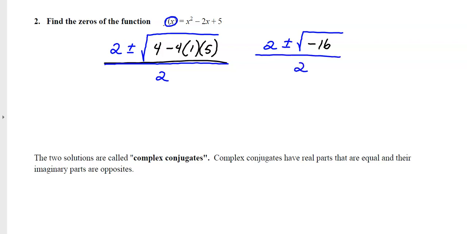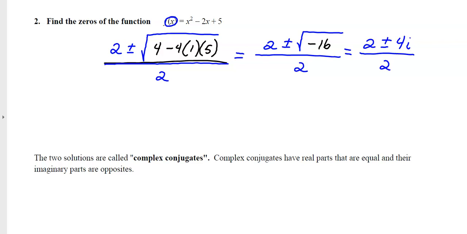When I clean that up a little further, I get 2 plus or minus the square root of 16, which is 4. And for the negative, I'm going to fix that by putting an i there. And I'm going to divide it all by 2, simplifying as we go.